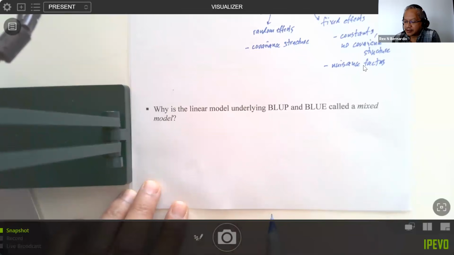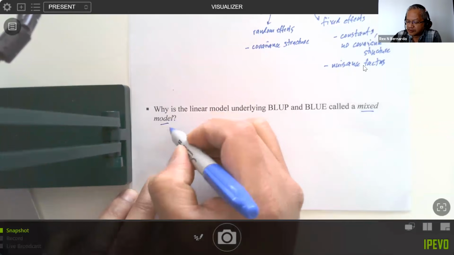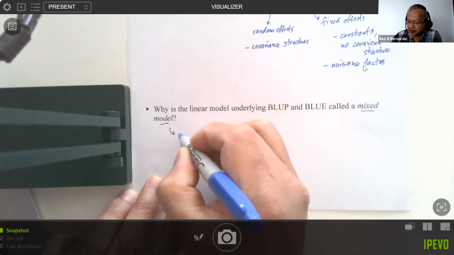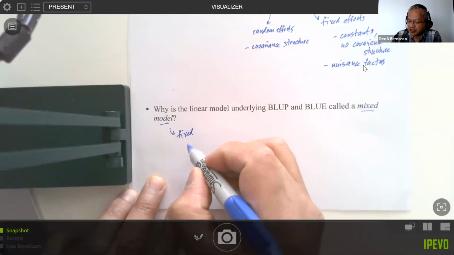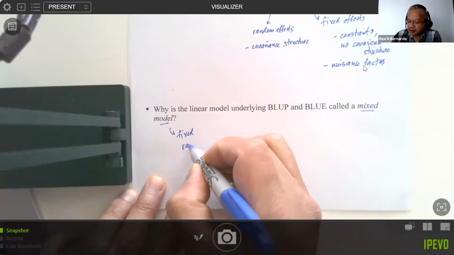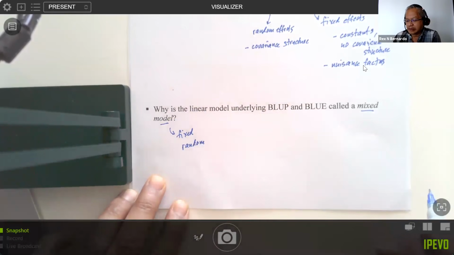Finally, the linear model underlying BLUE and BLUP is called a mixed model, simply because we have a mixture of effects that are considered fixed and effects that are considered random, and therefore this is a mixed model.